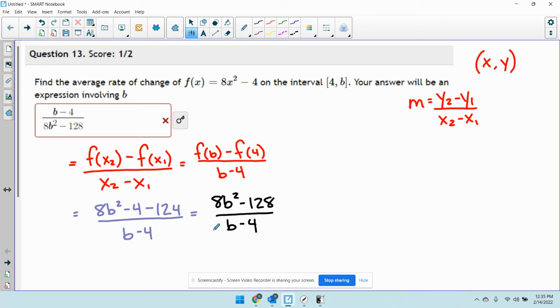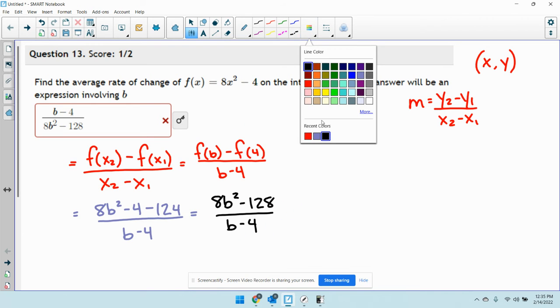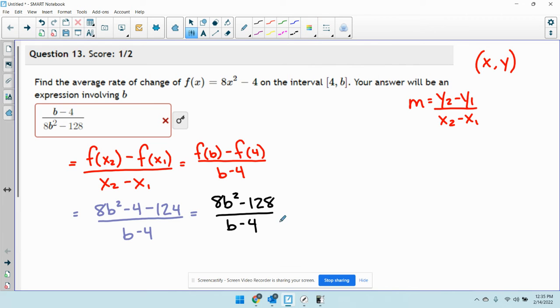Now, this is technically correct, but you really can clean it up, and you should clean it up. So what I'm going to do next is say, okay, well, what can I factor out of the top? Well, I can take an 8 out of both of them, right? Left with b squared minus 16 over b minus 4. Thinking back to Math 100, this is a difference of perfect squares.